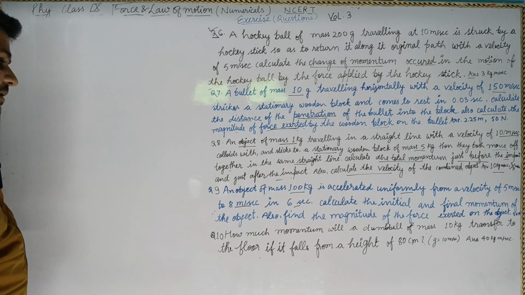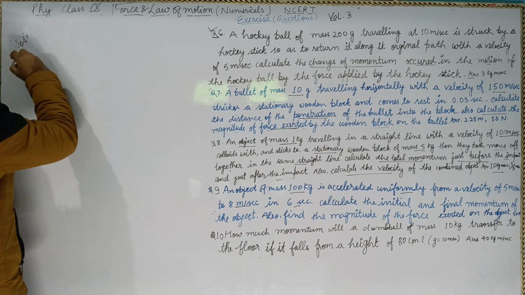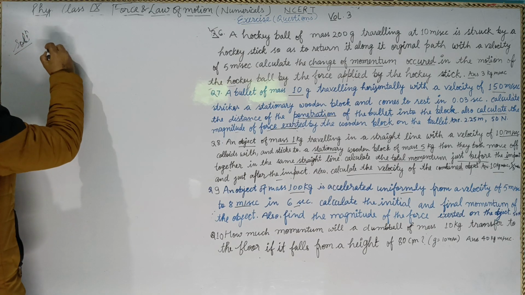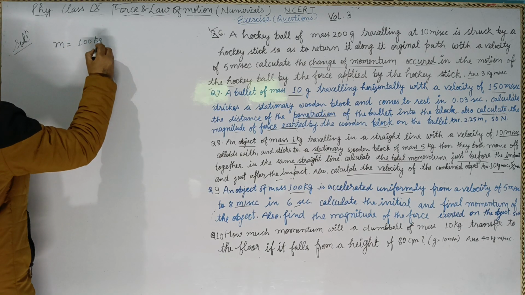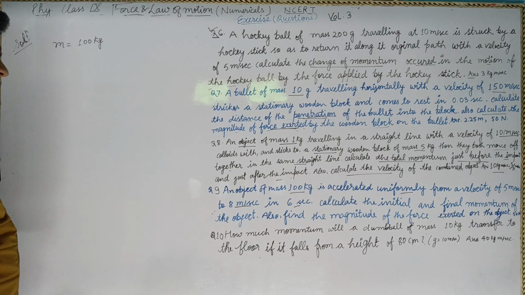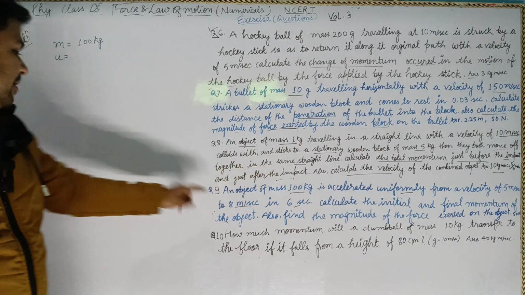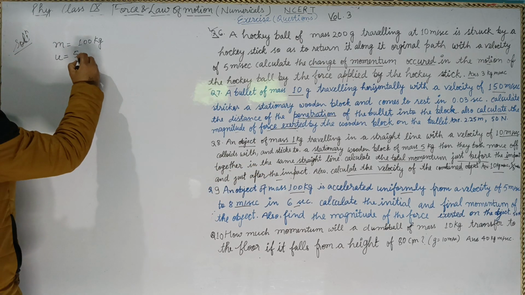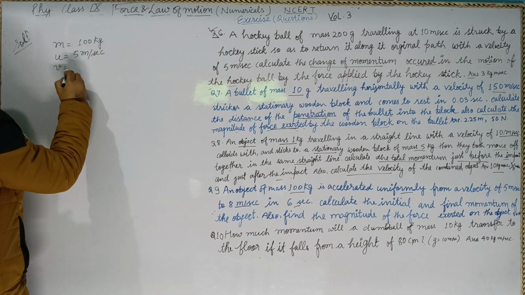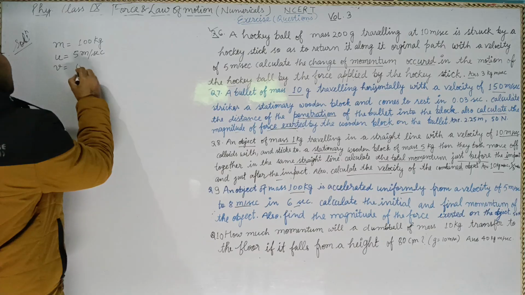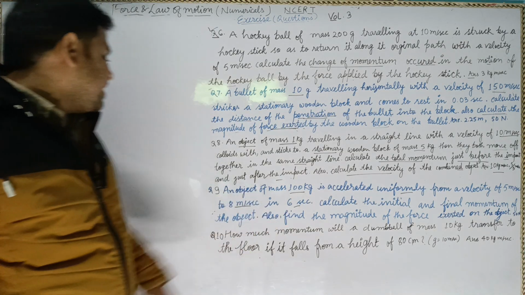We write the given values here. m is the mass of the object, 100 kg. Its initial velocity u is 5 meters per second, and final velocity v is equal to 8 meters per second in 6 seconds.